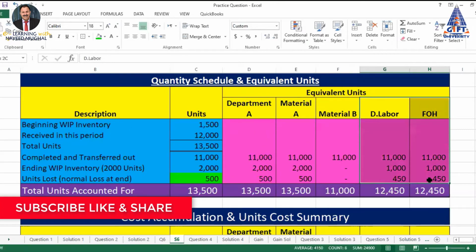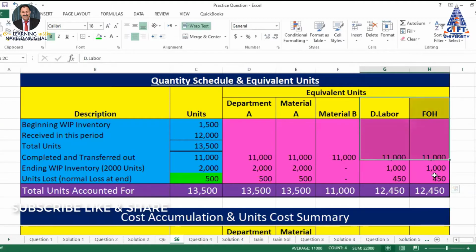This ratio is from the stage of completion when the inspection is made, because up to inspection they have used the labor cost and the factory overhead cost, in common understanding. Otherwise you can have 500 units over here 100% complete, because if you write 500 it means they are lost at the end after consuming everything, every labor, every factory overhead.